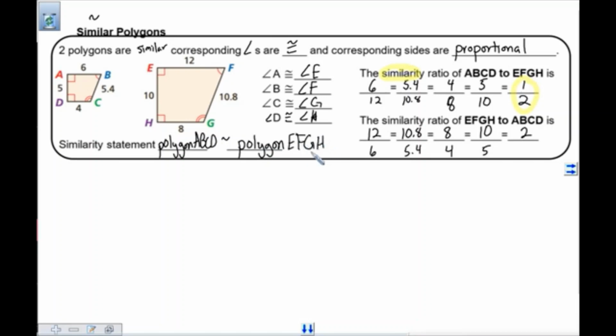Notice that these letters are capitalized. Also remember that when you're naming your similarity statement, just like with your congruent statements, your congruent angles need to be in the same order.